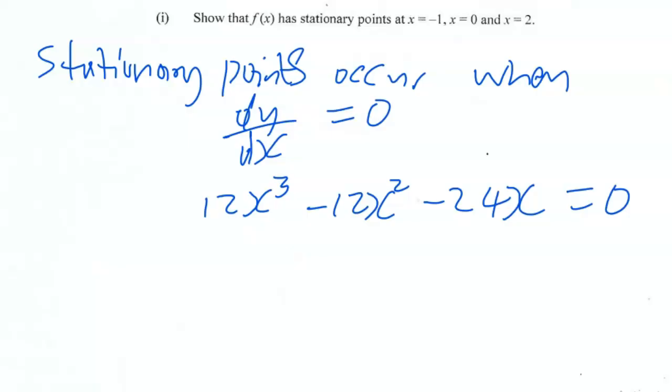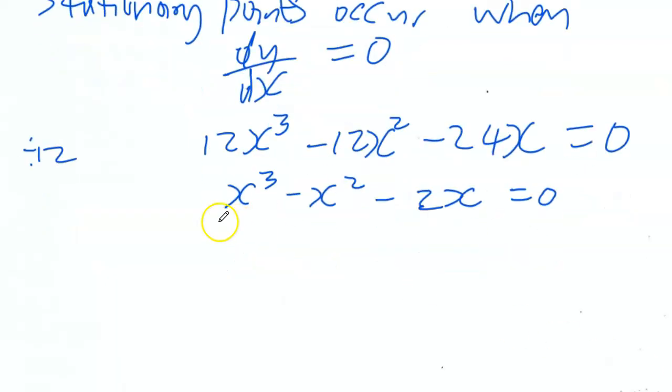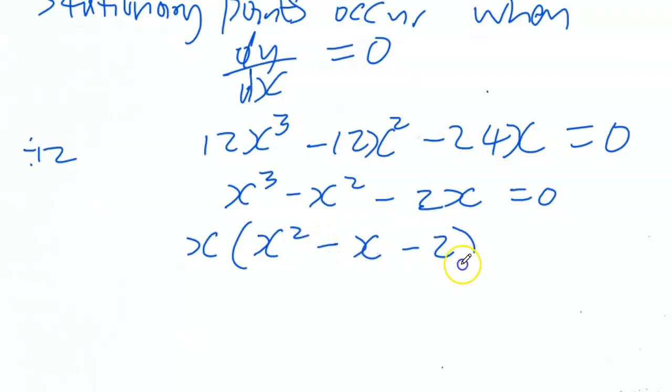To simplify, we can divide each term by 12, so we end up with x cubed minus x squared minus 2x equal to 0. Of course, we can factor out x. So factor out x, we are left with x squared minus x minus 2.